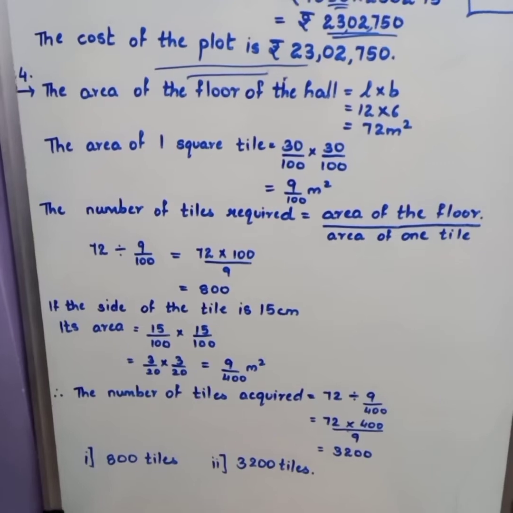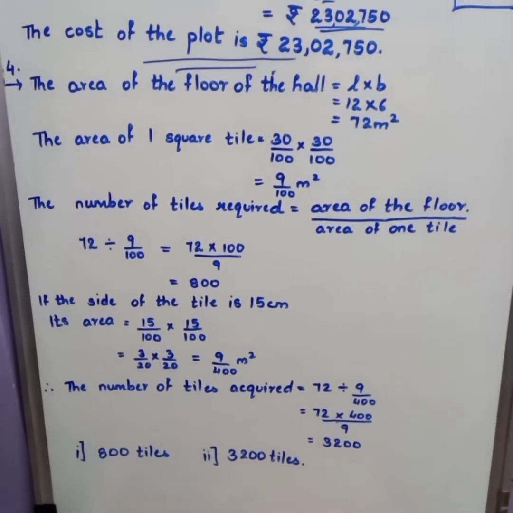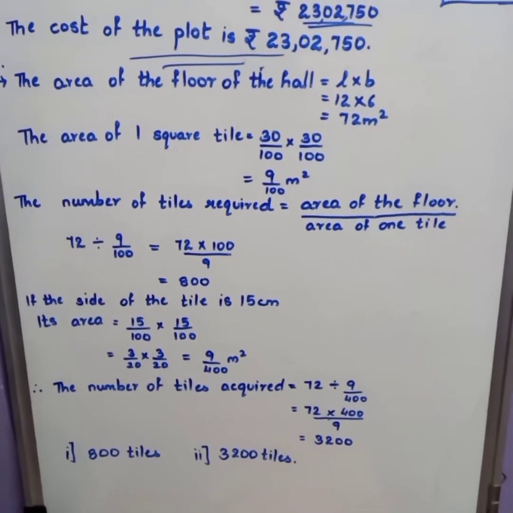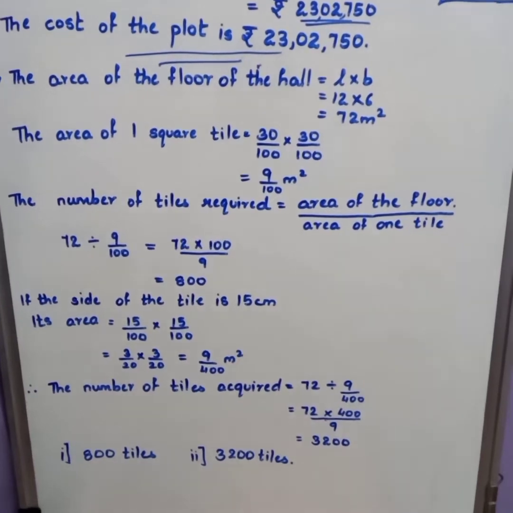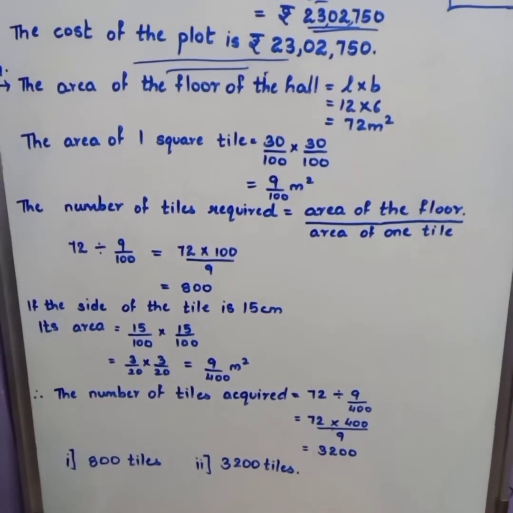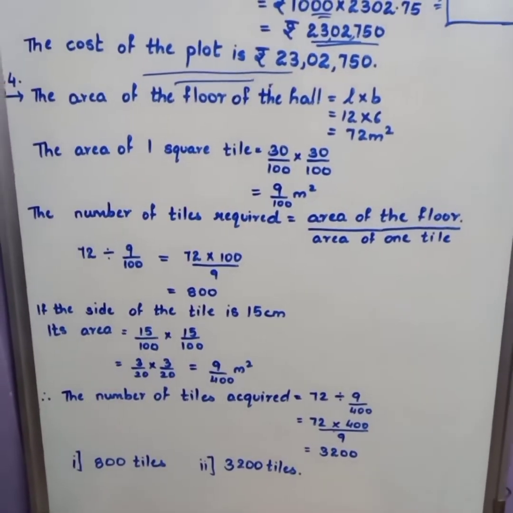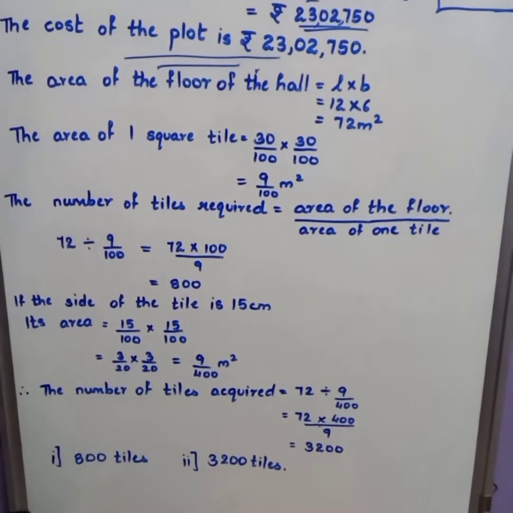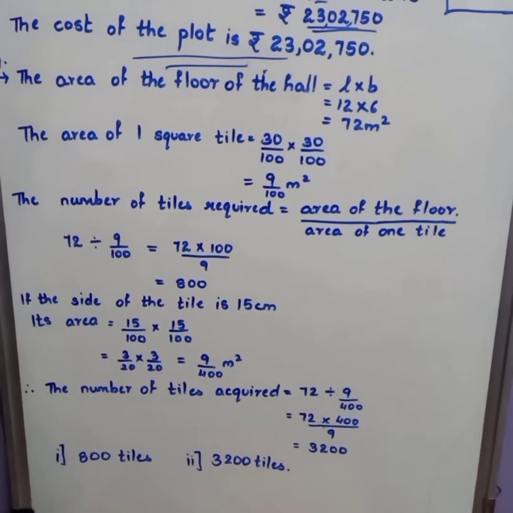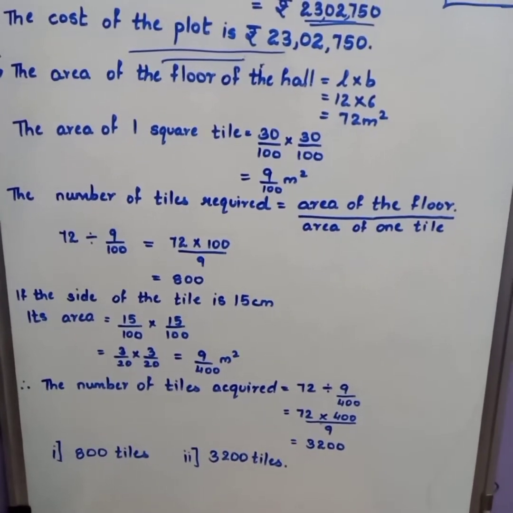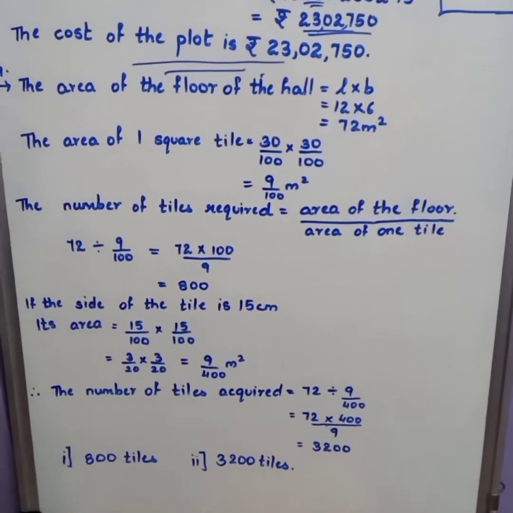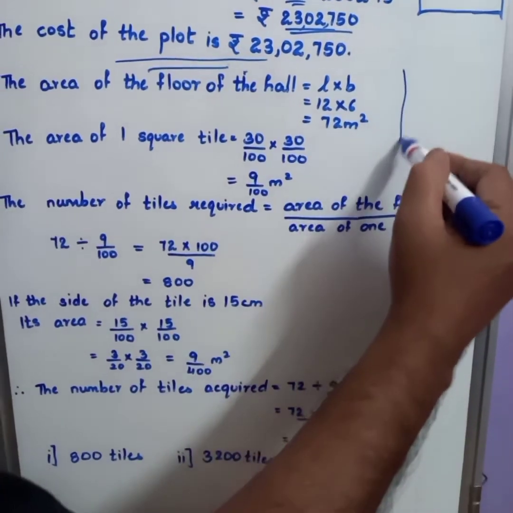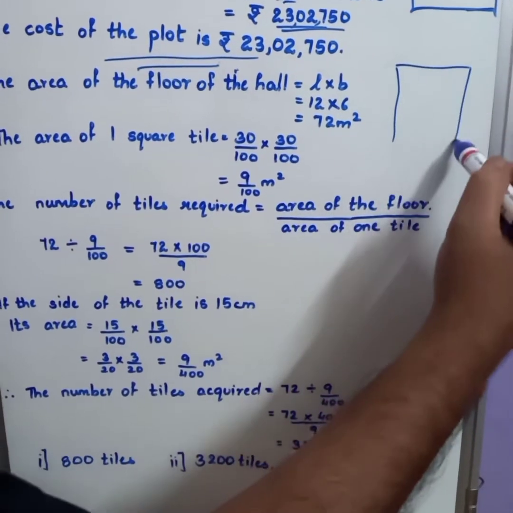A rectangular hall is 12 meters long and 6 meters broad. Its flooring is to be made of square tiles of side 30 centimeter. How many tiles will fit in the entire hall? How many would be required if tiles of side 15 centimeters were used? Here there is a room or a floor which is given.